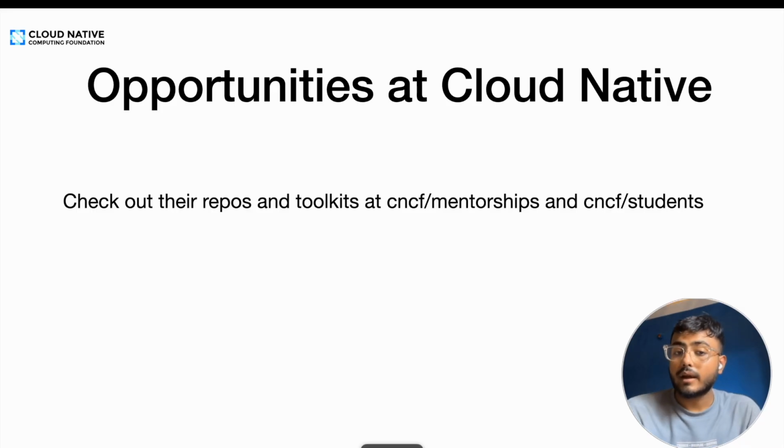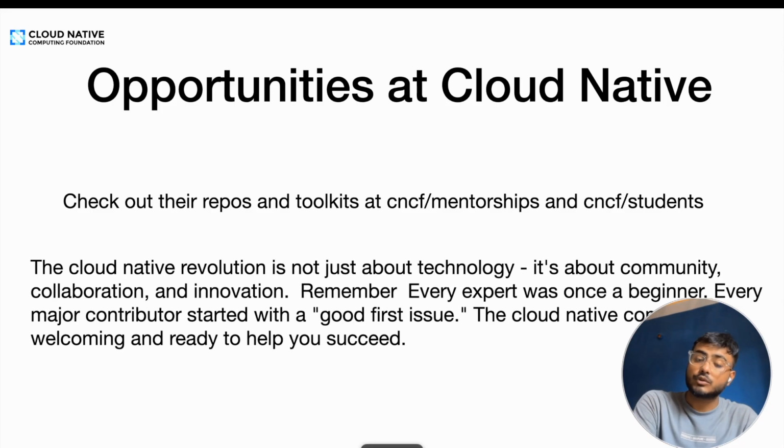Remember, the cloud native revolution is not about technology or some big jargon. It's about community, collaboration, and innovation. You can always be part of the community, even if you are a beginner. You can contribute in any way that you can, even to docs or in many non-technical ways as well.